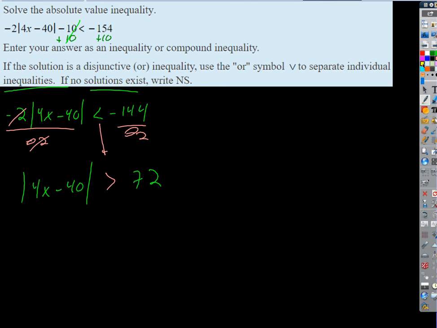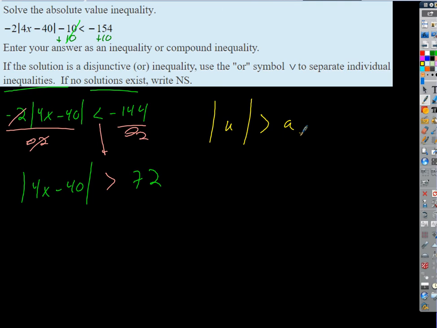If we get the absolute value of something, let's just call it u, is greater than some number a, then what do we do with that? If the absolute value is greater than a number, is that going to be an and or an or? It's going to be an or, right? Because we're asking when is the absolute value really big?